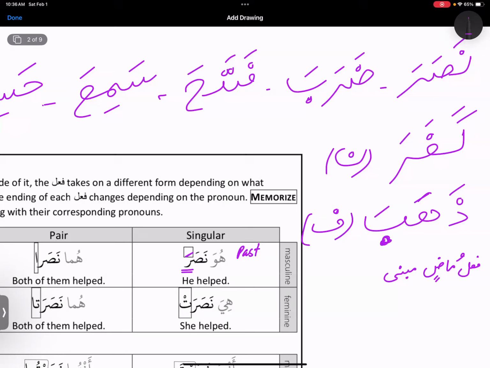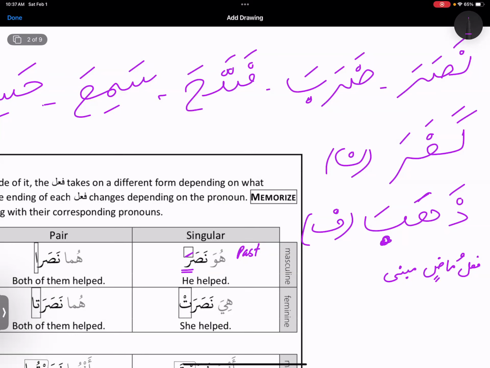But this is not the case with fi'l madi. Fi'l madi is mabni. It doesn't matter what comes before it, it's going to look the same always, right? So that's why we're going to say fi'lun madin mabni.